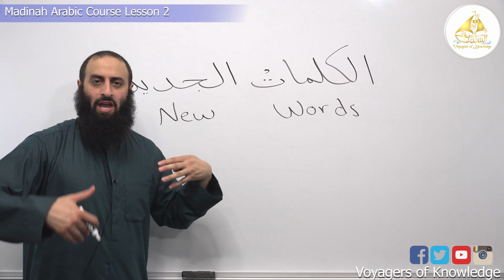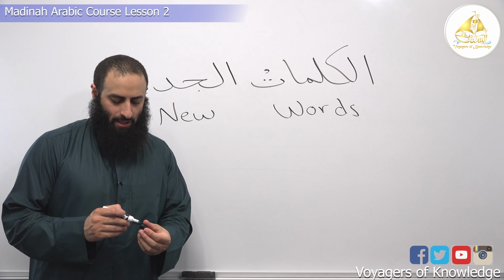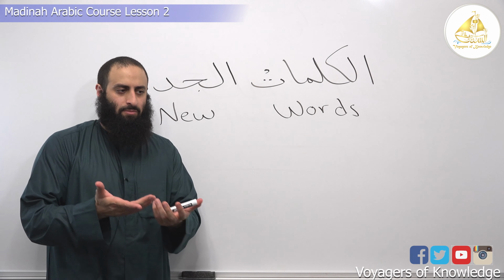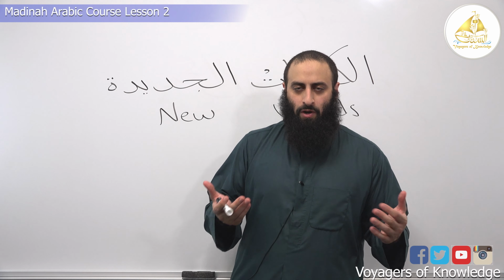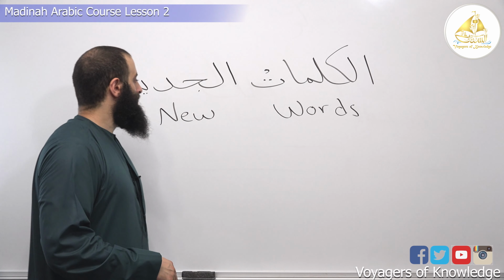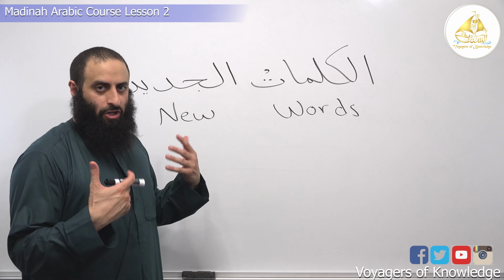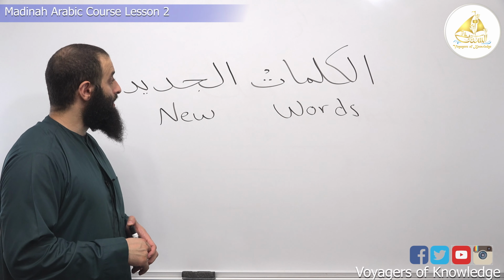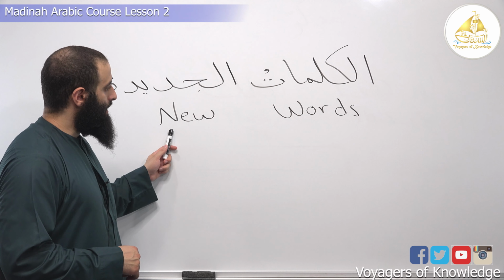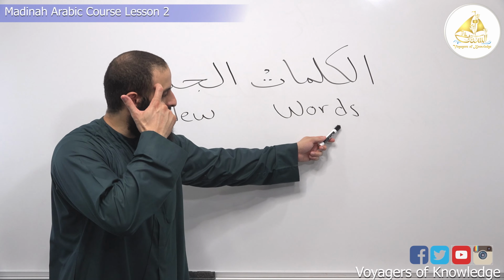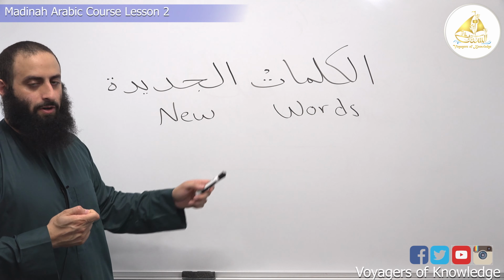Words new, you can't get away with that in English. You walk up to somebody and say, I want to learn the words new. They'd say, what? So you have to know that the structure of sentences in Arabic is that the description comes second, and the thing you're describing comes first.